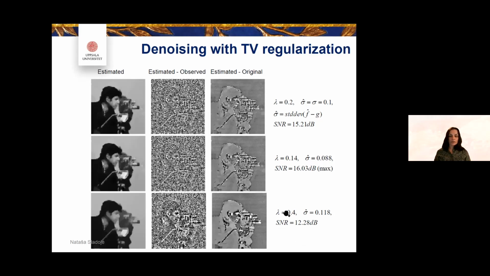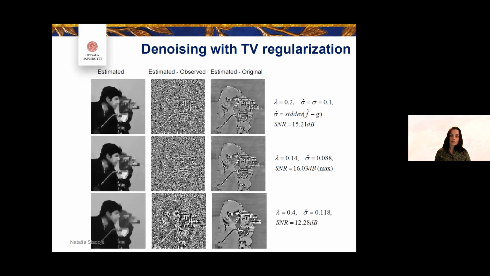One more attempt to use a different lambda. Now it is comparably higher than both previous ones, which means that we are imposing more of that a priori knowledge.